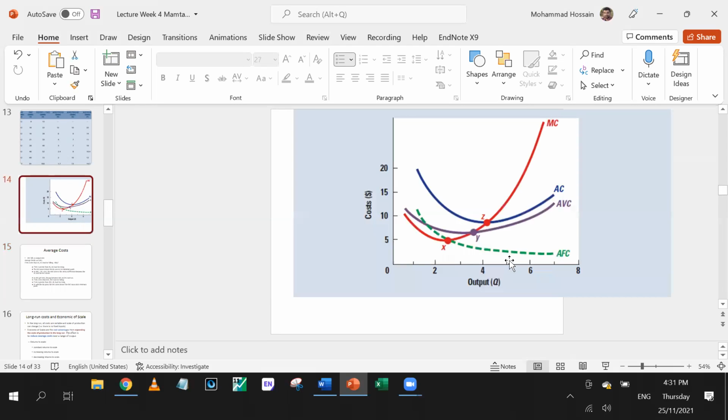The thing is that marginal cost and average cost will intersect at the bottom of the average cost. That's the whole point. Always remember this one: marginal cost will touch the average cost at the bottom of the average cost, at the lowest value of the average cost.